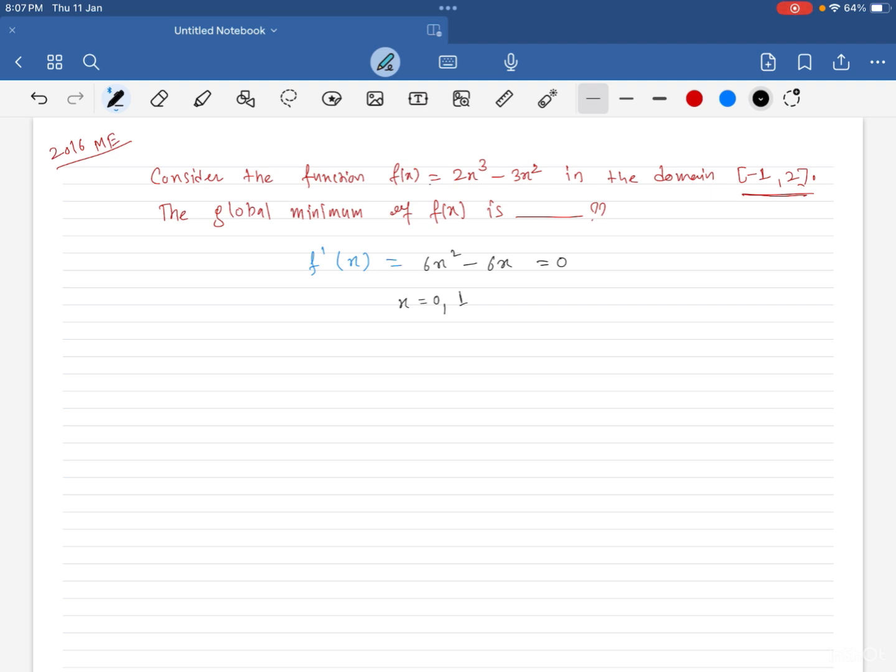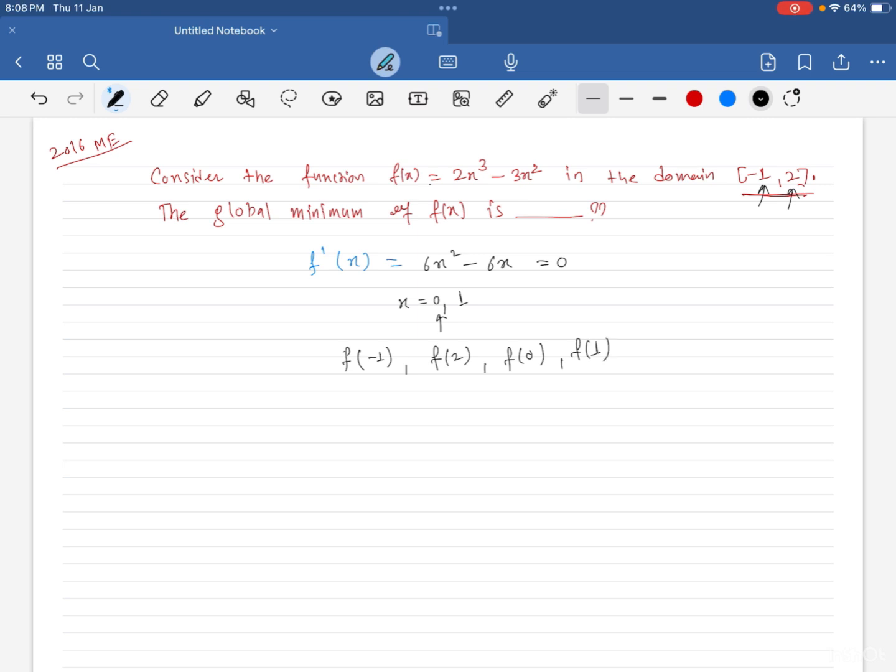Now we have the points, this one, this one, this one, and this one. So let's check at these points: f(−1), f(2), f(0), and f(1), right?